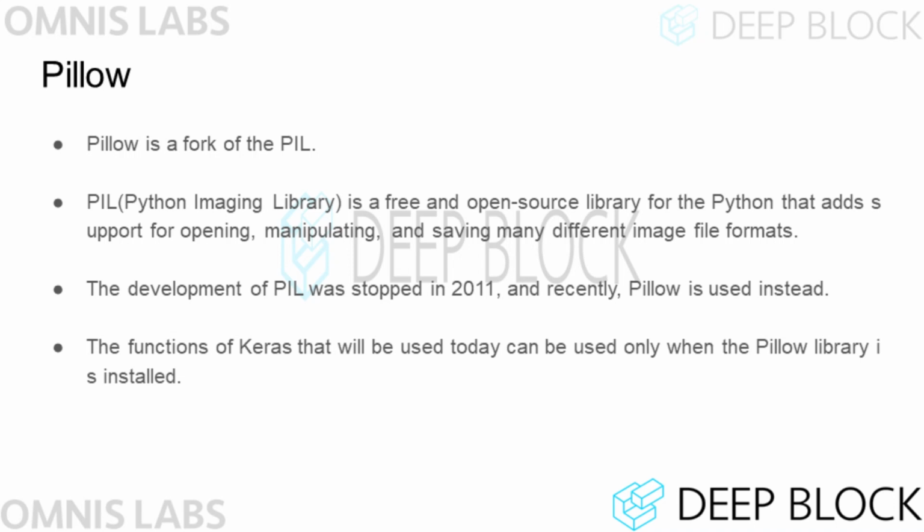Unfortunately, the demand for PIL library was still high, and Python continued to be updated after 2011. As a result, PIL had to be updated to support the latest Python 3, and Pillow was branched out from PIL and continued to be developed. And the functions and classes we will learn today also utilize the Pillow library.